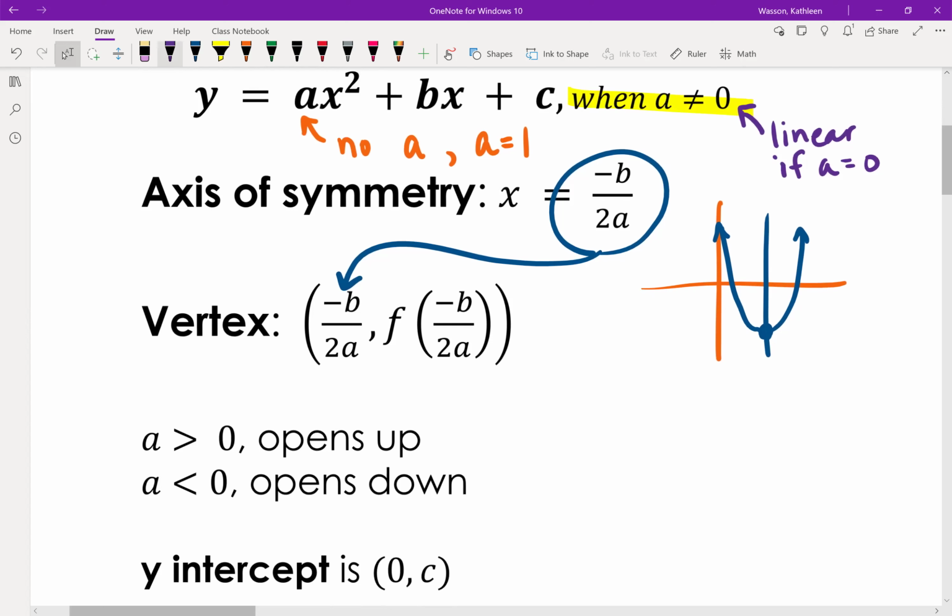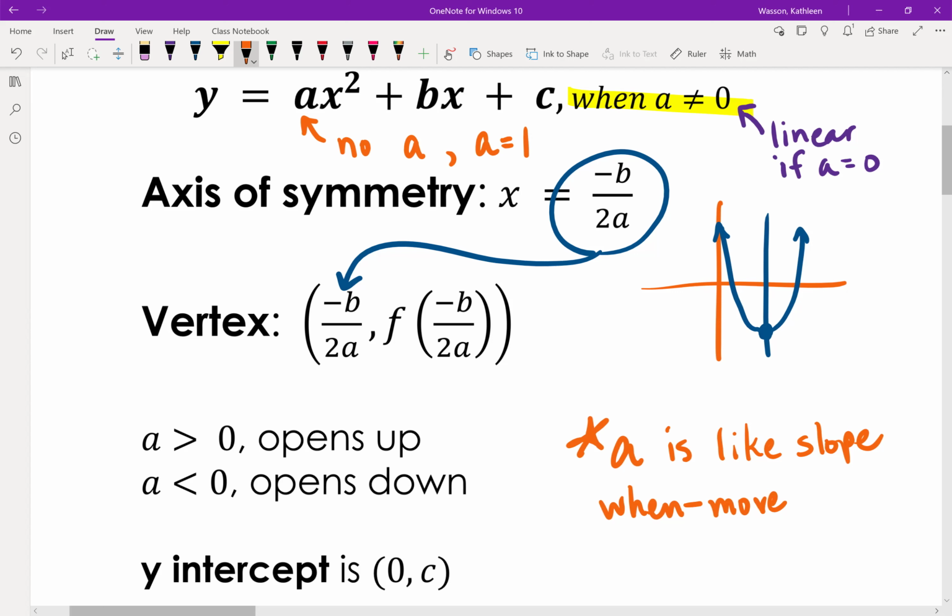A works like slope as long as you are very close to the vertex. So note, A is like slope only in a very specific circumstance, and that is when you move one block right from the vertex.